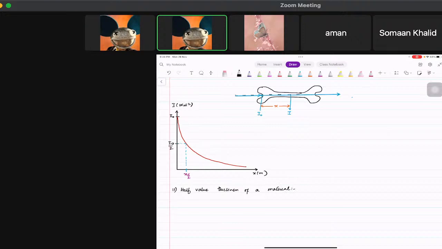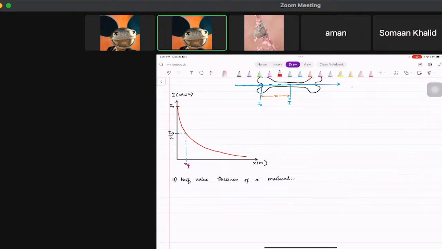So half value thickness of a material is basically this x half, and what it means is the linear length of a material required for incident X-rays' initial intensity to reduce to half of its original value.